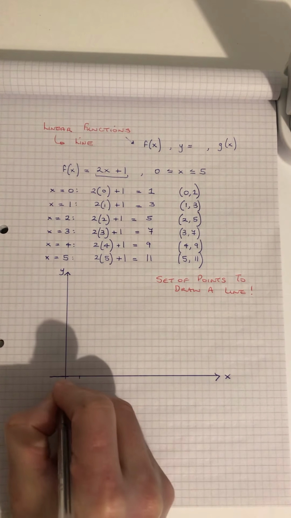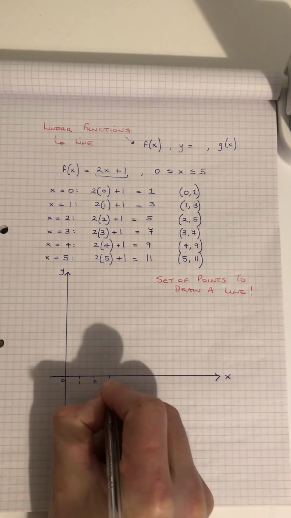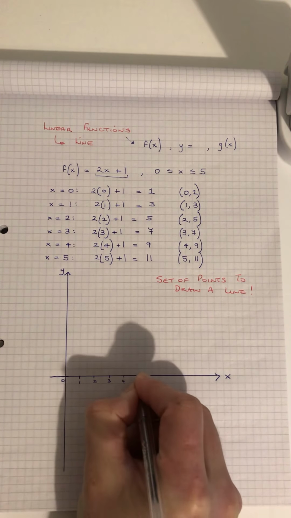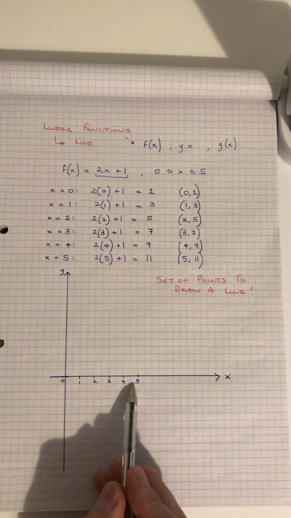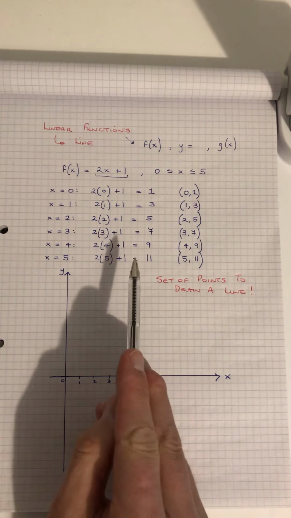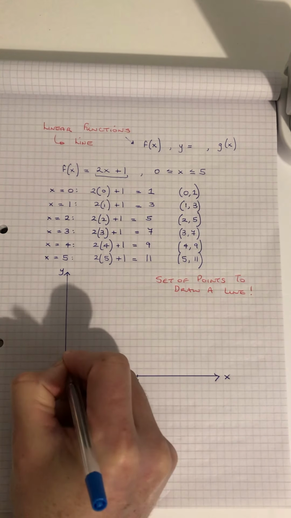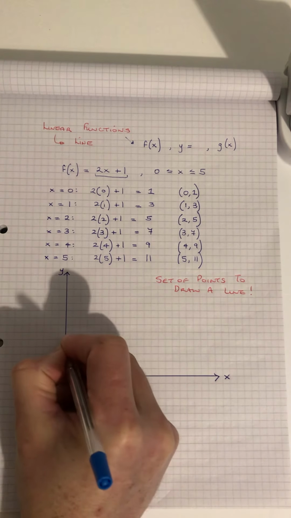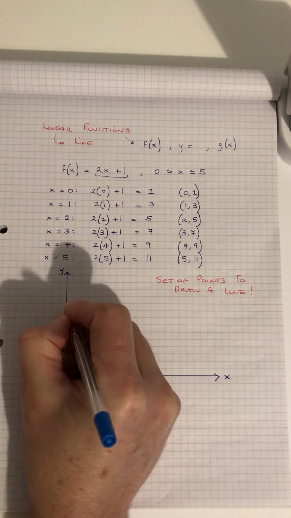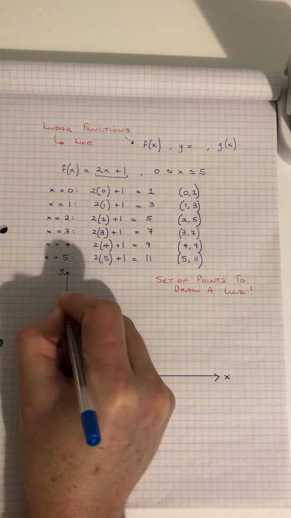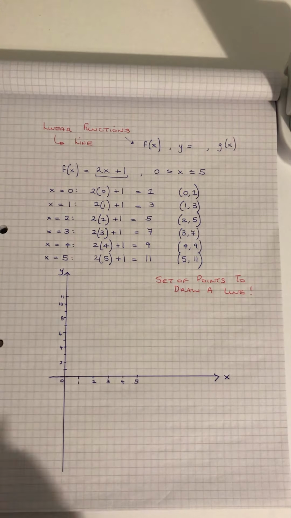So x is 0, 1, 2, 3, 4, and 5. The key here is to keep the spaces the same, okay? And I need to get up as far as 11. So 1, 2, 3, 4, 5, 6, 7, 8, 9, 10, and 11. Okay, so that's my y-axis.